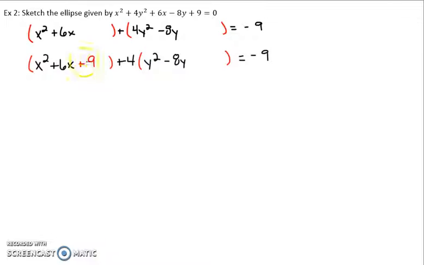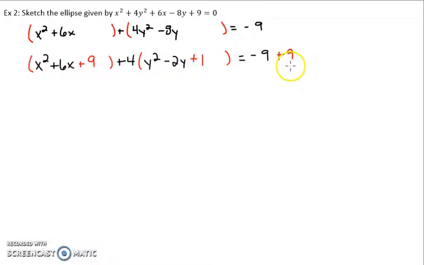If we're squaring it and adding it here, we're adding a 9, so we need to add a 9 over here as well. Doing the same thing over here, oops, I made a mistake. We don't have an 8y here anymore. If we factored out a 4, we actually have a 2y. So if we take that 2y divided by 2, we get negative 1, squared is 1.